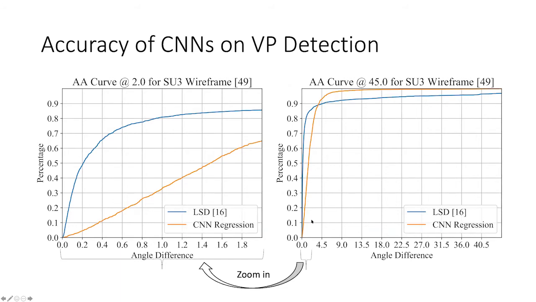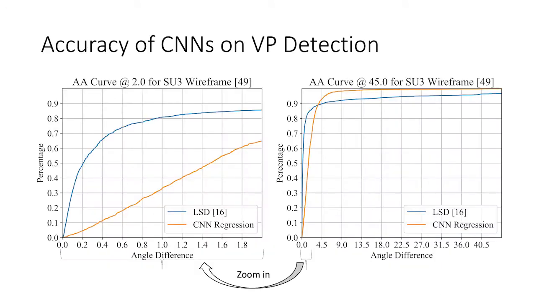It's not very accurate, but if you're okay with within 10 degrees of error, it's successful almost all the time. So they make a very good guess, but you don't expect them to be accurate. This is really the dilemma. If you use traditional geometry-based methods, they're very accurate if they work, but very often they fail.